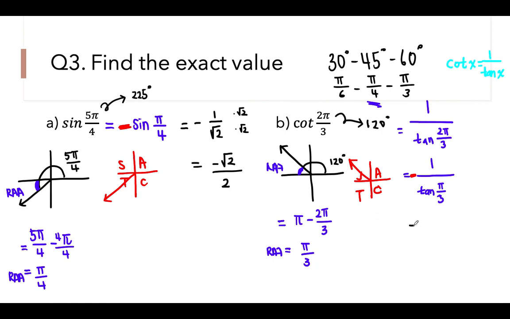So it's going to be negative 1 over opposite square root 3 over adjacent, which is 1. So 1 divided by square root 3 over 1, all you need to do is flip it. So minus 1 over square root 3, but we don't like a radical in the denominator, so you can rationalize it to become negative square root 3 over 3. And that is your final answer.